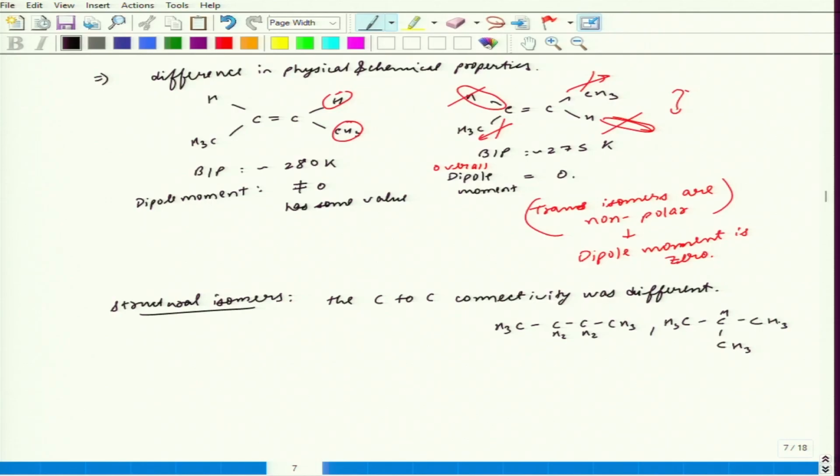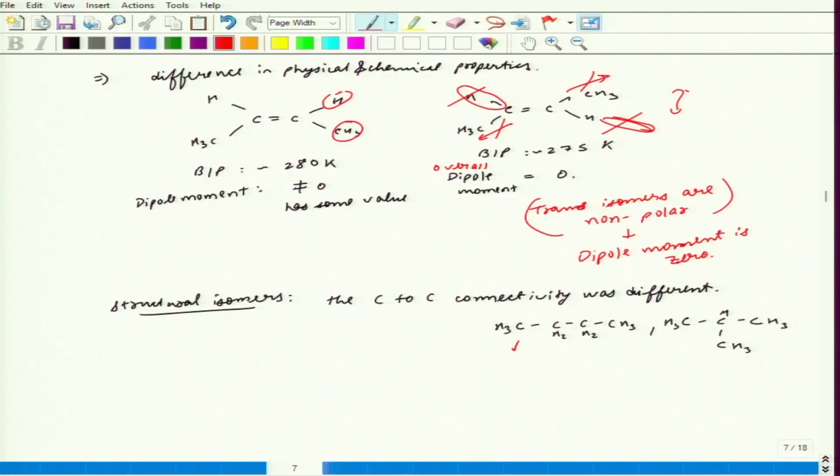What we did in structural isomers, we changed the connectivity of carbon and carbon. For example, in this first case, this is a 1 degree carbon. I have discussed what a 1 degree carbon is, what 2 degree and 3 degree are. This carbon is attached to only one carbon, so 1 degree. This carbon is attached to 2 carbons, so 2 degree, and this one also 2 degree.